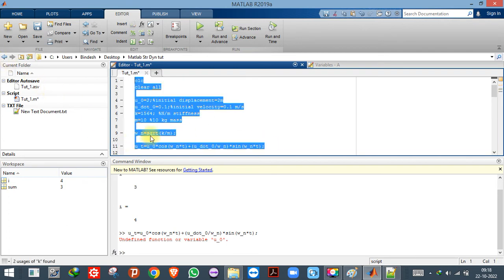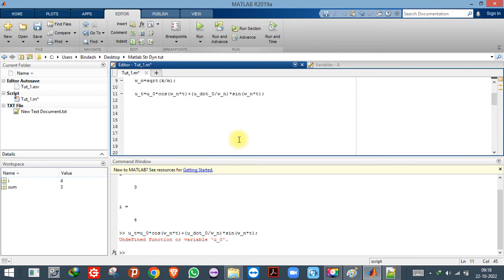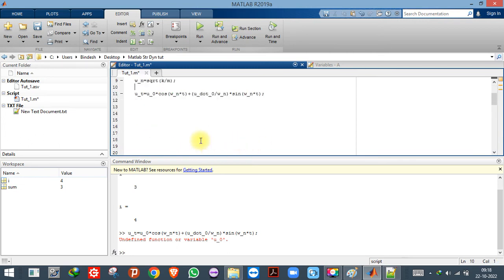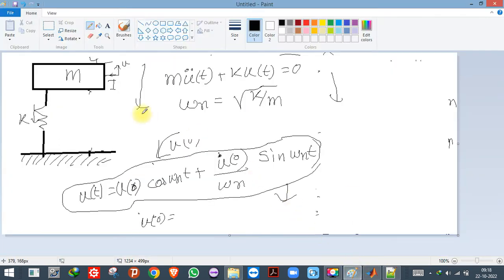If I try to solve, we'll get a result, but one thing is missing, t. Now t, for how much time do you want to see it? For this problem we want to see it for 10 seconds.